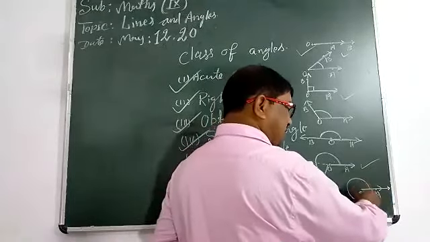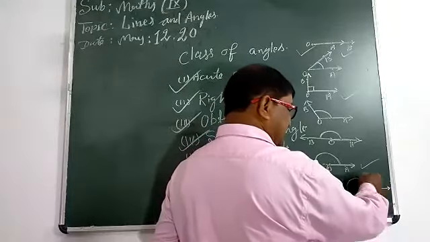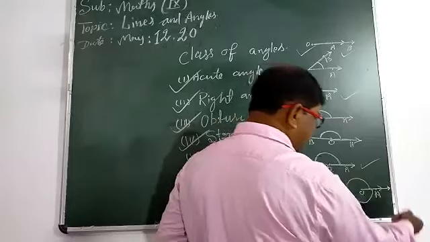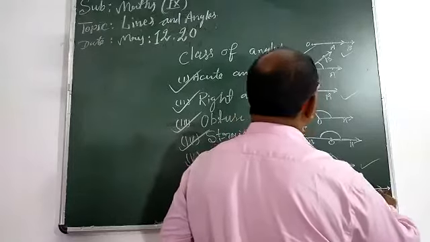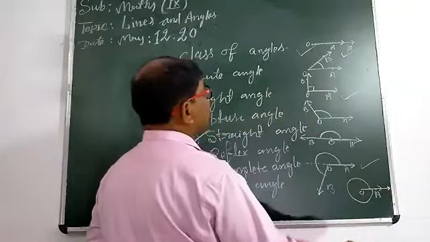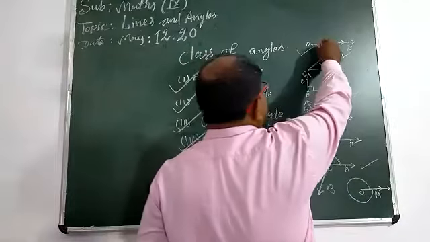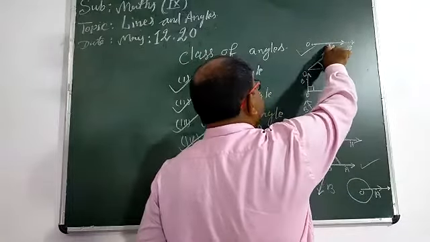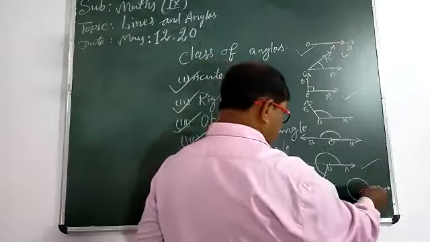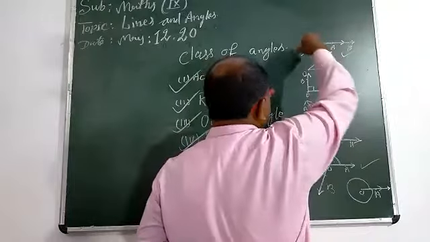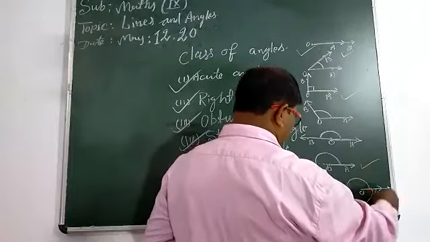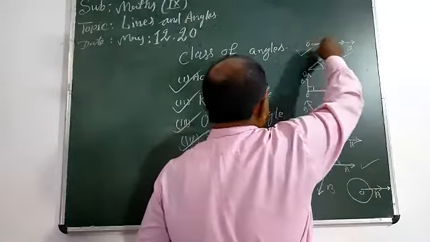After completing one round, the second ray is on the first ray, it means they are coincided. Here, these two rays are also coincided, but no circular arc here.